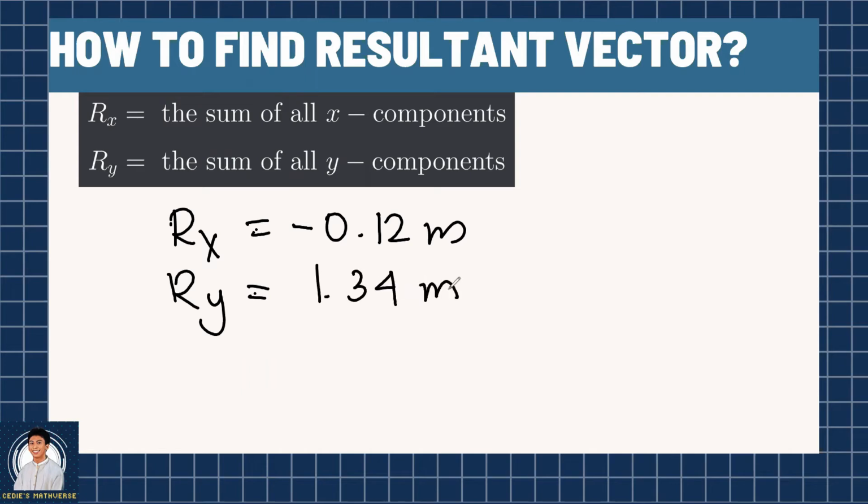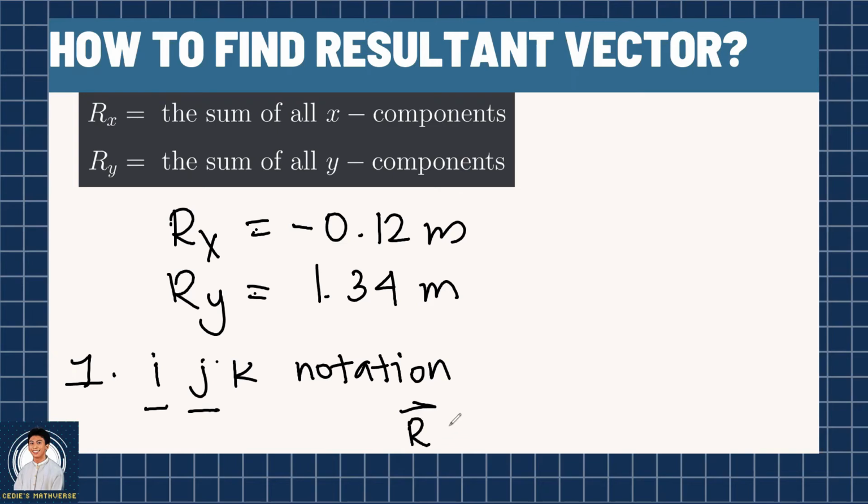1.34 meters, we can express the resultant vector in two different forms. The first form being the IJK notation. This is a vector form used for 3 dimensions, but since we will use the x and y dimensions, we will use i hat and j hat only. So, we can express the resultant vector r as the resultant component x i hat plus resultant component y j hat.